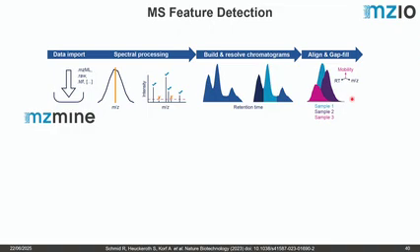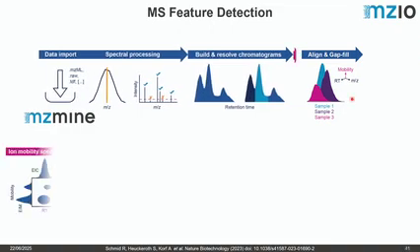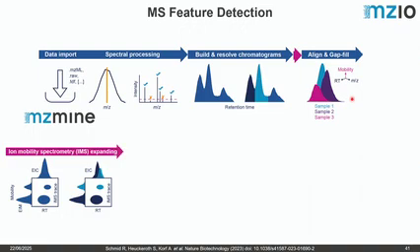And since the software is so modular, what you can also do is, for example, if you use ion mobility spectrometry in your data analysis workflow, you can basically keep your regular workflow and just plug in some extra steps for the ion mobility dimension.